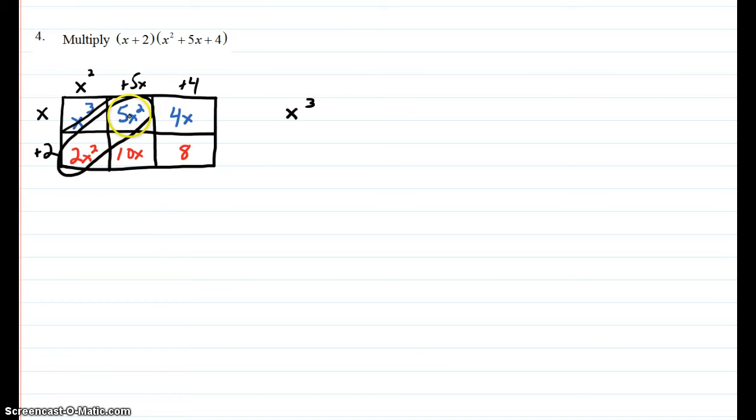So 2x squared plus 5x squared gives me a 7x squared. Here we have an x and an x, so we can combine them. So 10x plus 4x gives me 14x. And then we're left with just that positive 8.